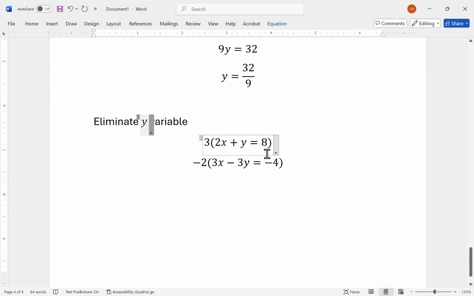Let's try that. So if I'm going to eliminate the y variable, I look at the coefficients on the y. And I would take the -3. I'd write it in front of the first equation. I'd take the +1, write it in front of the second equation, and then one of them has to change signs.